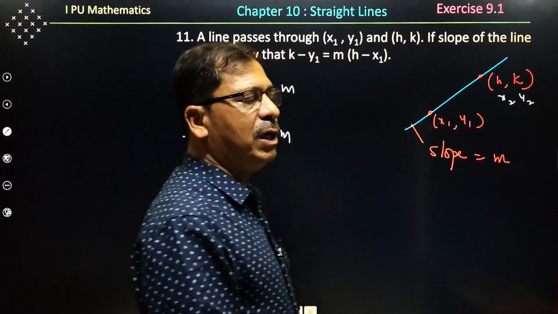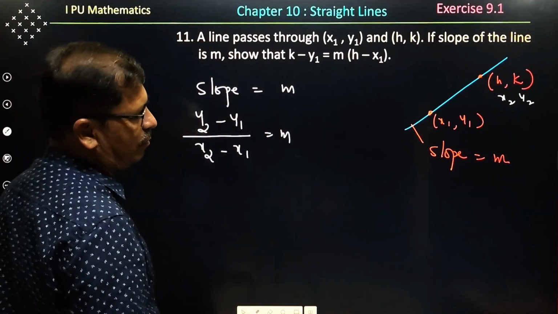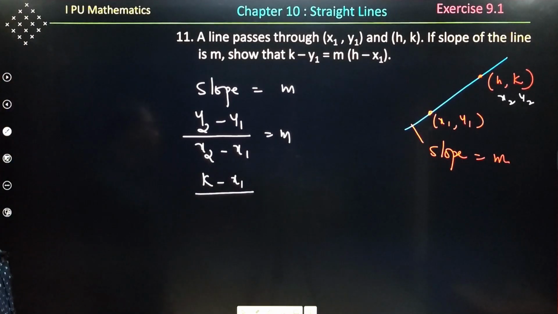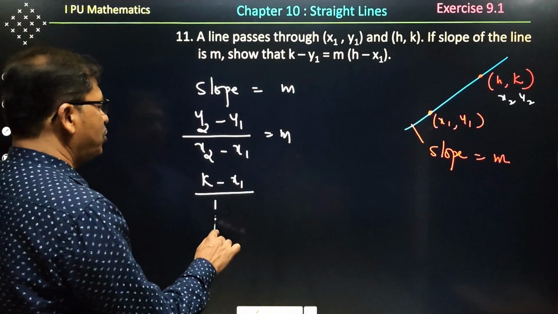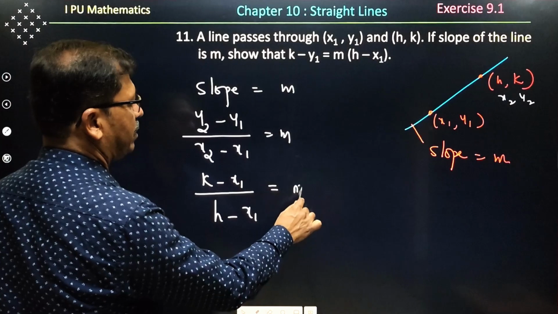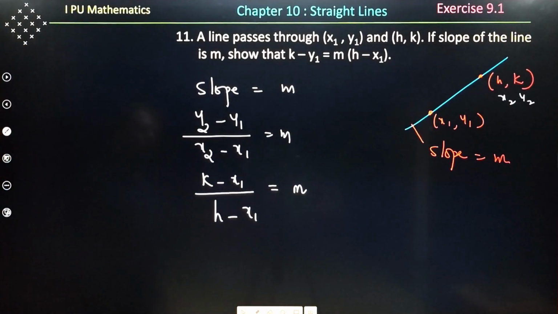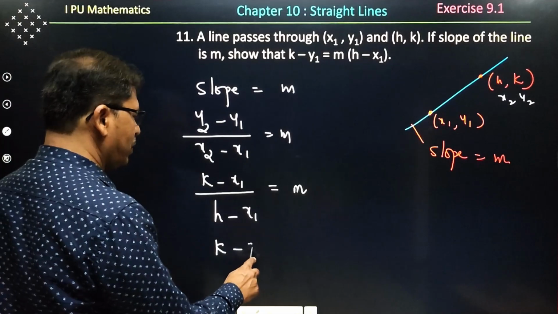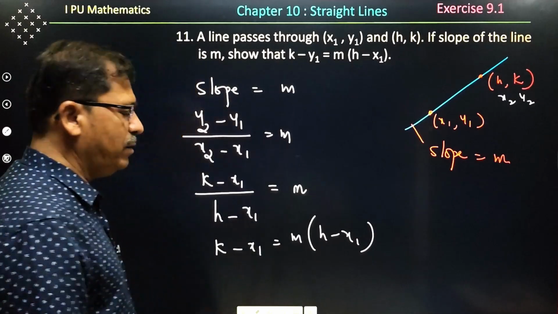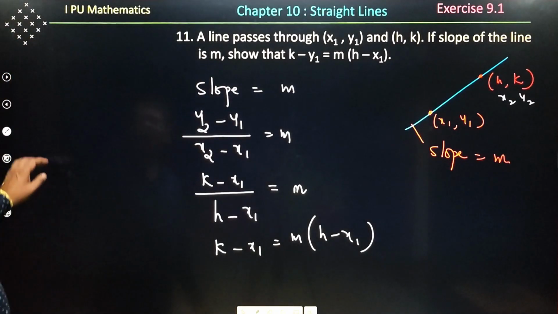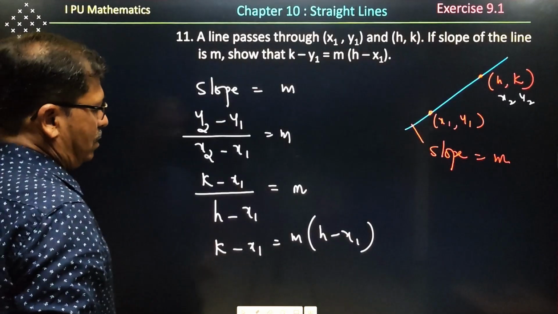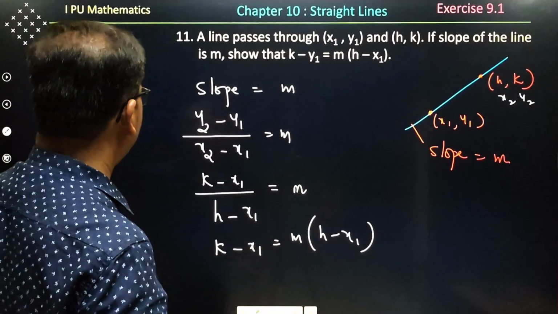So k minus x1 divided by h minus x1 is equal to m. Let us cross multiply this.